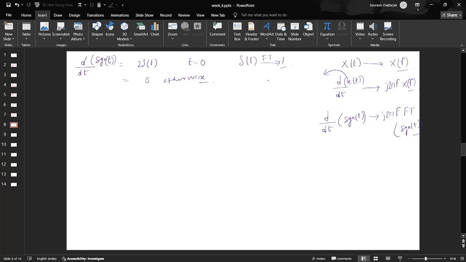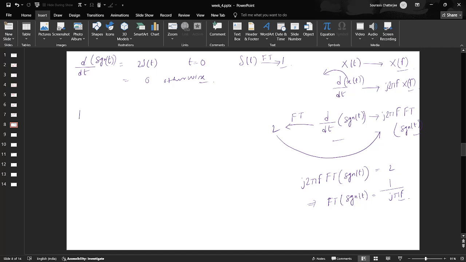So just now what we have seen, that d dt of sin t is 2 delta t, and delta t has a Fourier transform of 1. So if I take the Fourier transform of this, I will get 2, and that is the same as this here. So let me equate: j 2 pi f times the Fourier transform of sin t is 2. That is equivalent to saying the Fourier transform of sin t is 1 over j pi f.